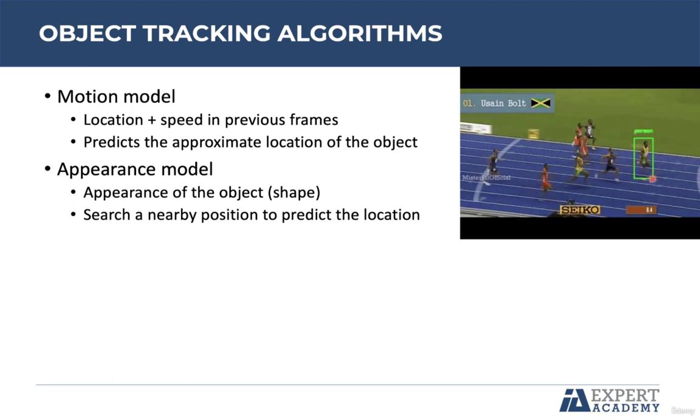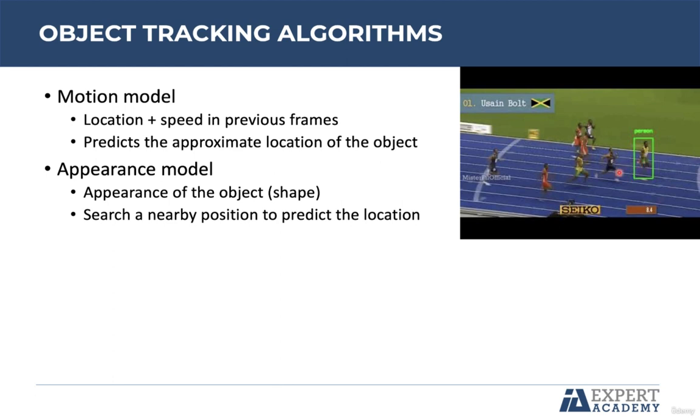Let's suppose that in the next frame, a car appears in this position. The appearance model will check that the appearance of a car is totally different from the appearance of a person. They have different shapes, so the algorithm will continue tracking only the person.